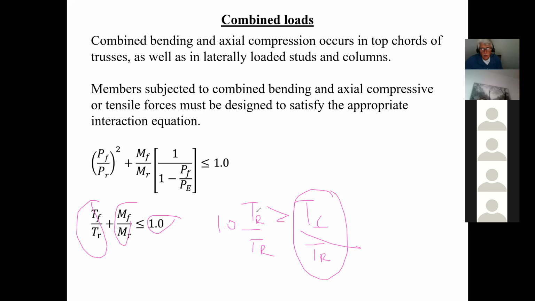Now, I don't know if you guys know this, but let me do this. I'm probably going to confuse you more than anything else, right? Here's my member. Let's start with tension. I have tension here, tension there, right? So what happens here, if I break this piece here, I have tension there.